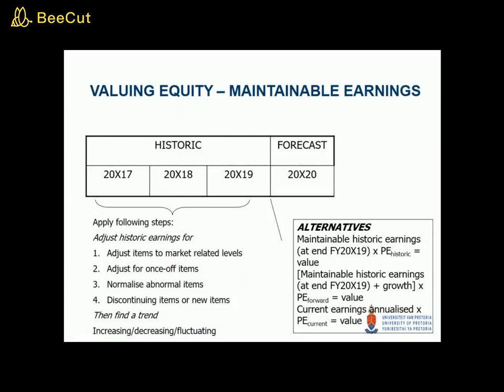Looking at my maintainable earnings, we've spoken about the adjustments that we need to make. In other words, market-related factors, once-off items, abnormal items, and changes in accounting policies. What if we throw in a change in accounting policy as a result of the incorporation of the new leases standard?